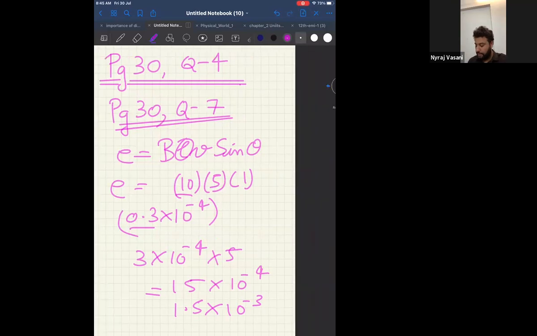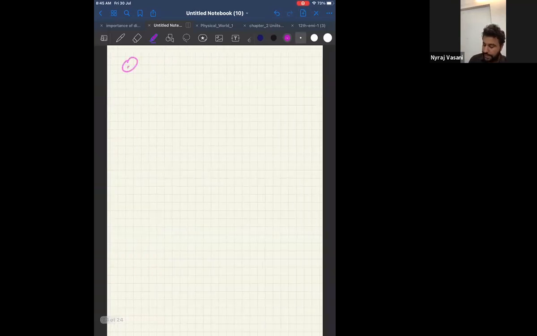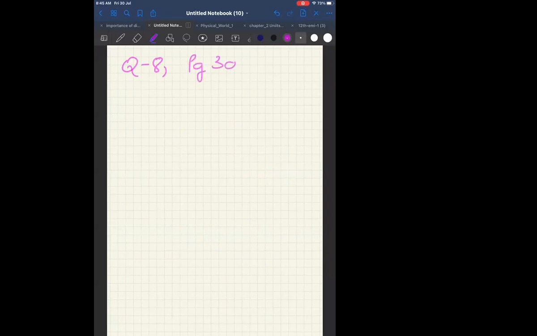Now, using the same logic, try to solve question number 8. Same, page number 30. Can you show that slide? Yeah, I will show it.